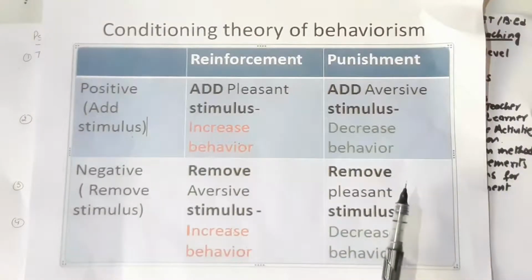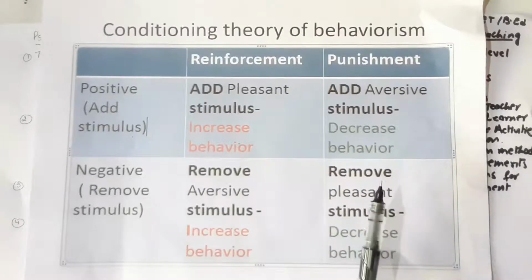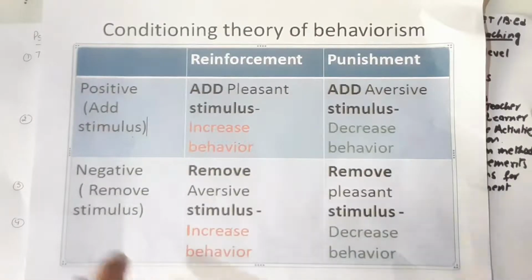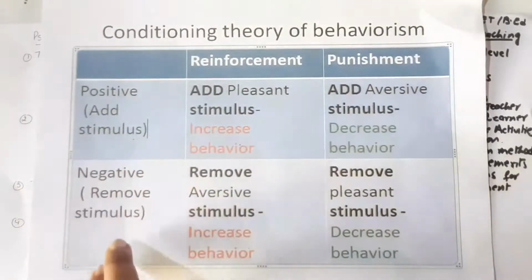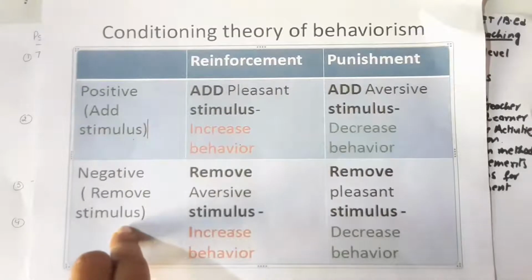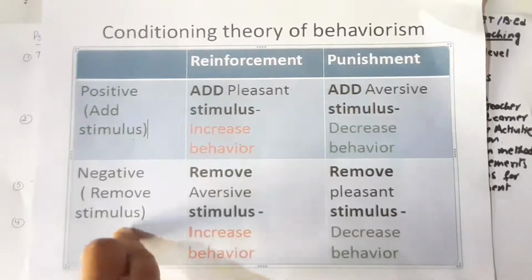Similarly, if you remove a pleasant stimulus, then that will be considered as punishment and that will decrease the behavior. So whenever a positive stimulus is considered, then we are adding the stimulus. When we are talking about a negative stimulus, then we are removing the stimulus.